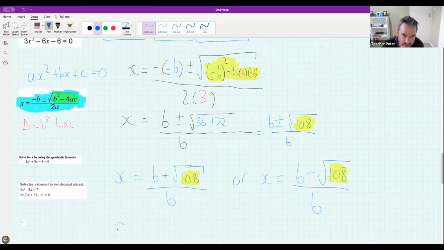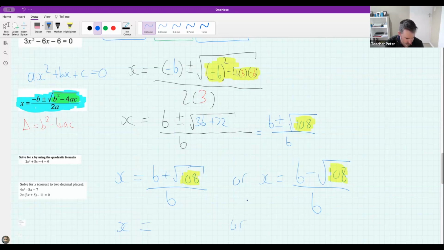So I want to know what my two answers for x are using the formula. Pop them in your calculator and tell me what they are. So what do we have?